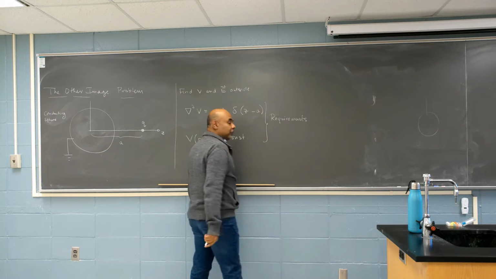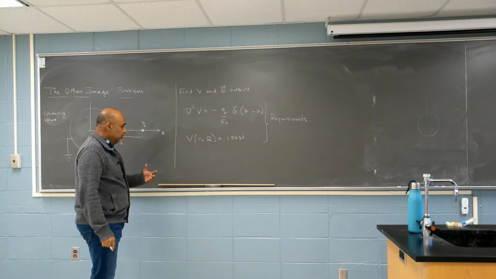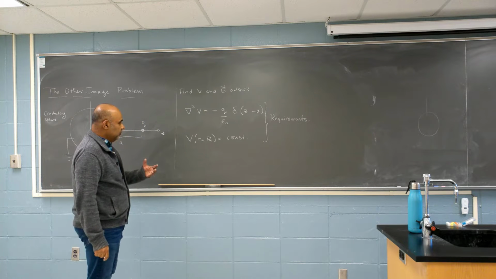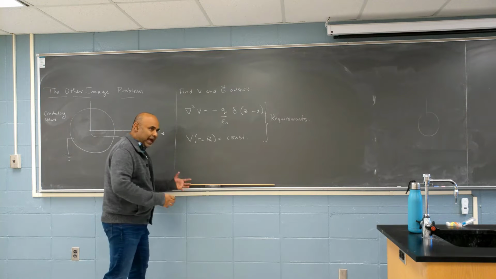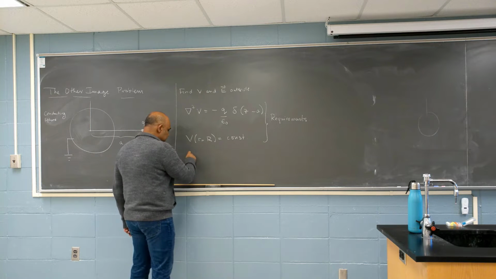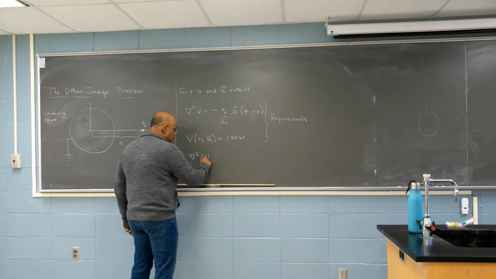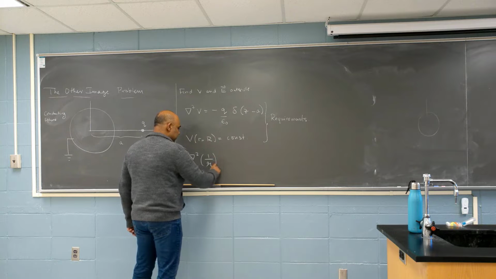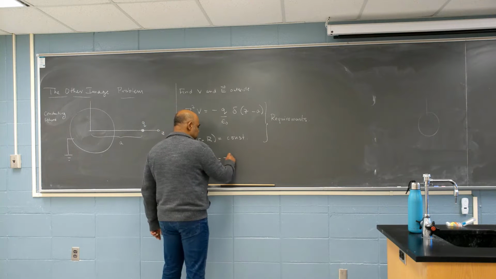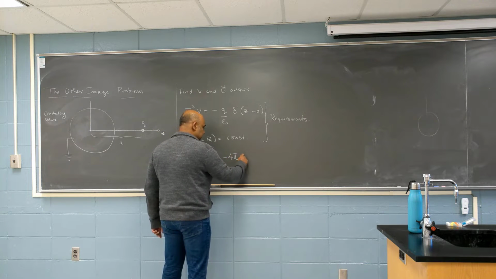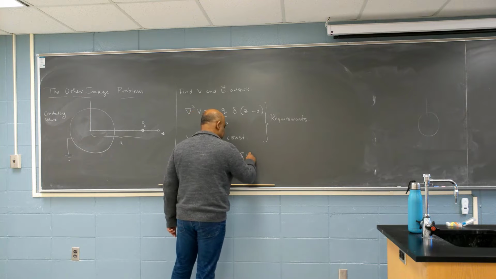And don't forget the useful but abstract relationship: del squared of 1 over r is what? Minus 4 pi delta.